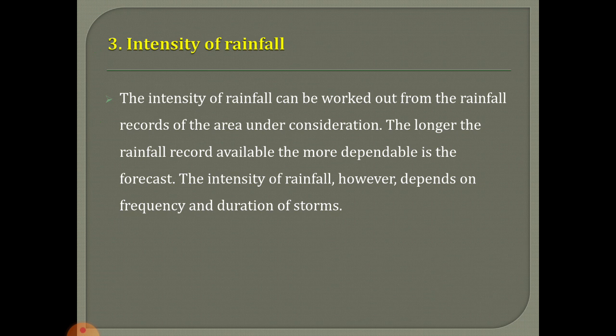The longer the rainfall record available, the more dependable is the forecast. It means that if you consider a longer rainfall record, it will definitely be very helpful for accurate and precise determination of the stormwater flow. The intensity of rainfall, however, depends upon the frequency and duration of the storm.